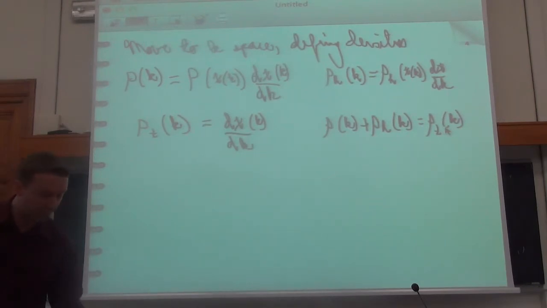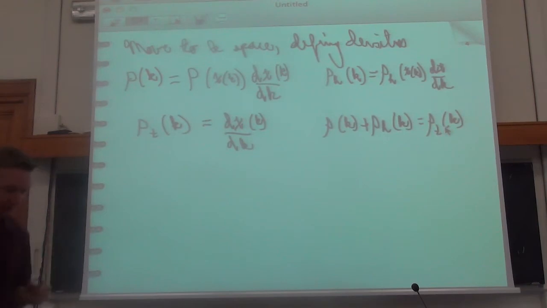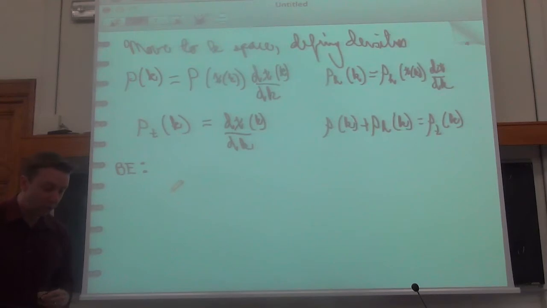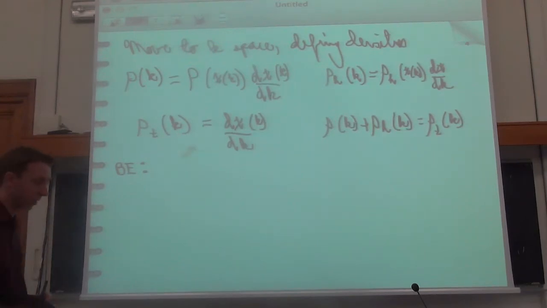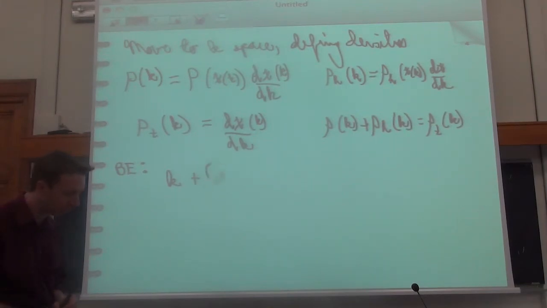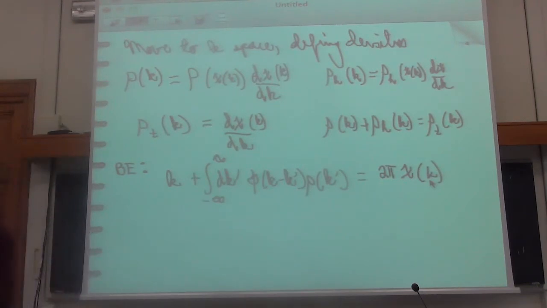Okay, so this is just a complete rewriting of what we have. Now, the Bethe equations you can rewrite in the following way. So now, k, if you want, is the source. So you can write k plus the integral from minus infinity to infinity dk prime phi of k minus k prime, rho of k prime is now equal to 2 pi x of k, right?